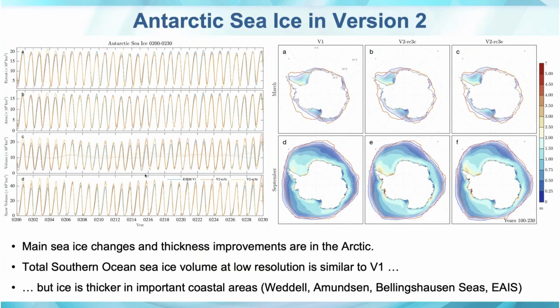In terms of the Southern Ocean, there are not a huge number of changes between the V1 sea ice and the V2 sea ice. The main changes are in the Arctic, but there are some substantial and important changes in the Antarctic as well. If you look in these two plots on the right-hand side, those are V2 plots.